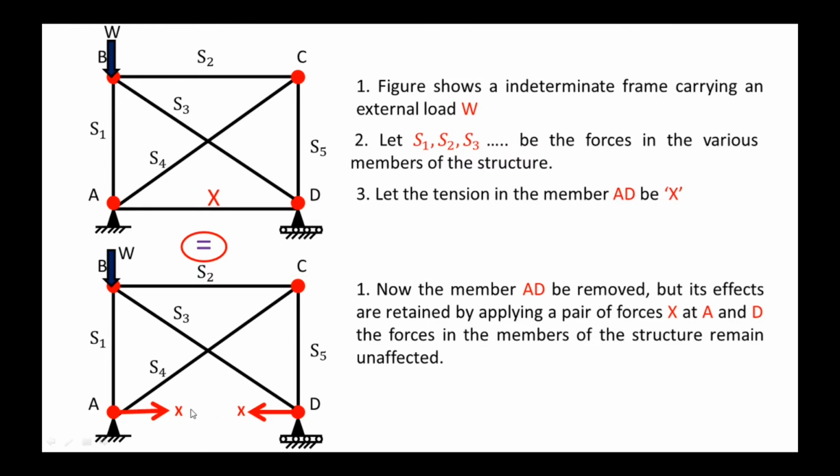It means we have removed the member AD, and the force in the member AD is applied at the joint A and at the joint D, so that both the structures remain the same. So now our aim is to find the forces in members S1, S2, S3, S4 and S5.